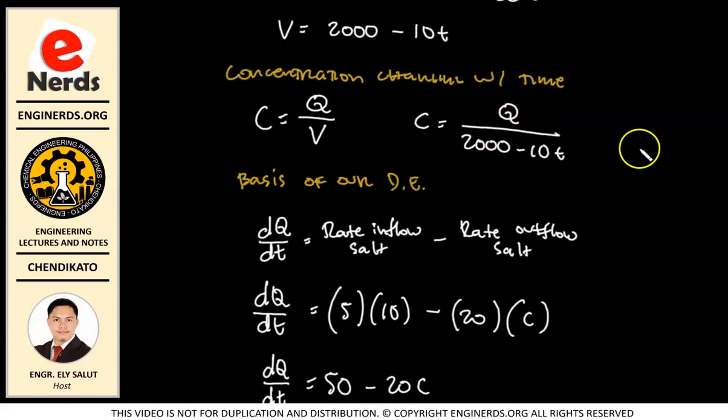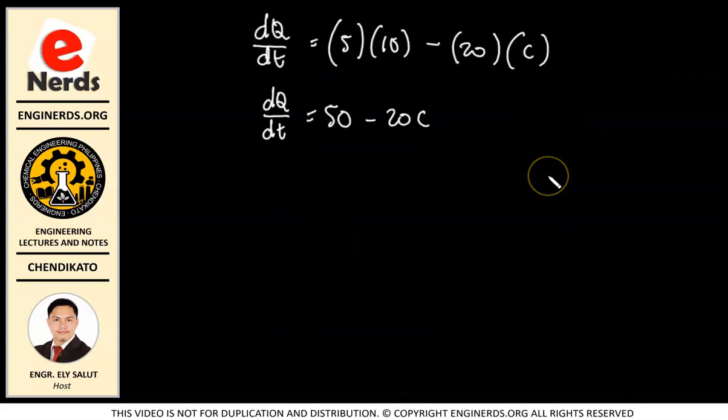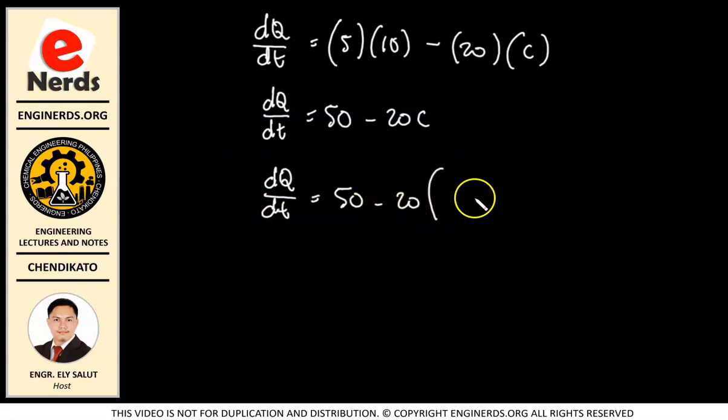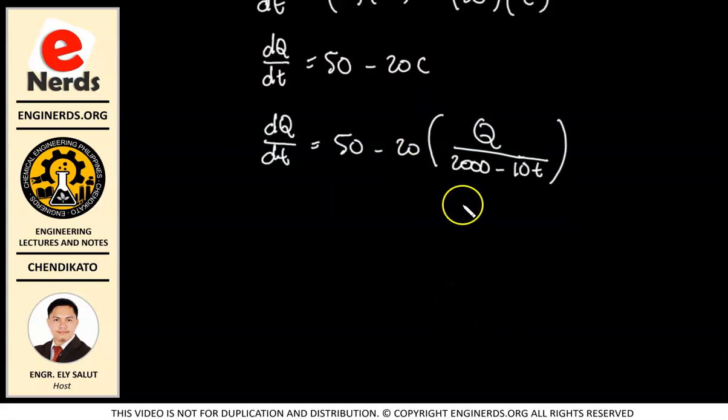Our c is equal to q over 2000 minus 10t. So we'll just substitute that here. So we have dq over dt is equal to 50 minus 20 multiplied to q over 2000 minus 10t. Okay? Now, let us rearrange this to get the linear differential equation. Now, I'm going to transpose this term papunta sa left side ng ating equation.